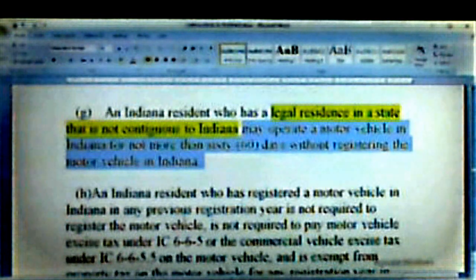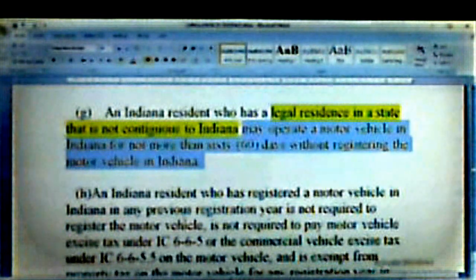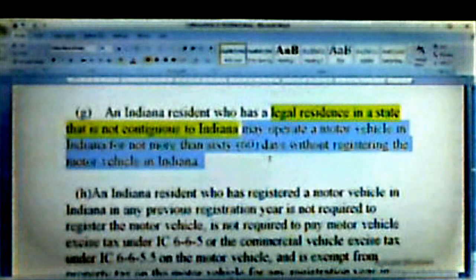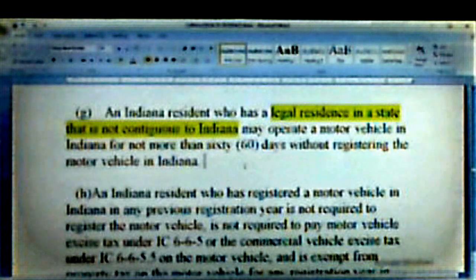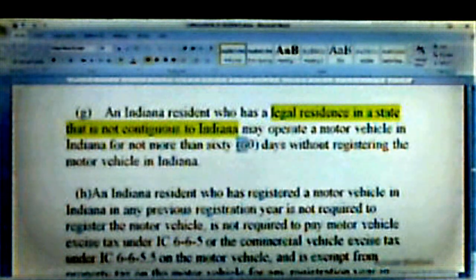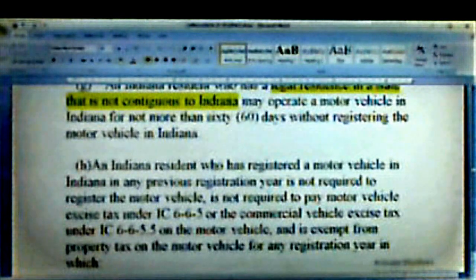Because they're saying, oh, your paper tag's expired. Well, right here, they have 60 days. Most anybody who goes to a car lot, they know that that paper tag's only good for 30 days. And people rush and strain their bank accounts and everything to get a plate, when by law they still have another 30 days before they have to register it, even though the paper tag's expired. Right?